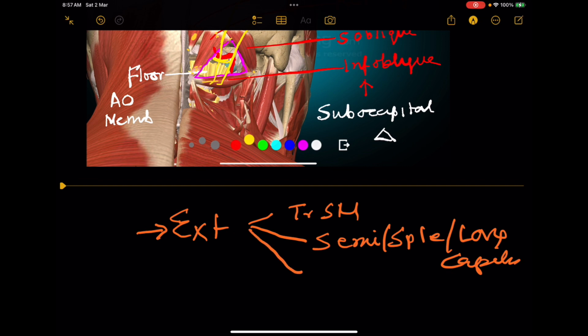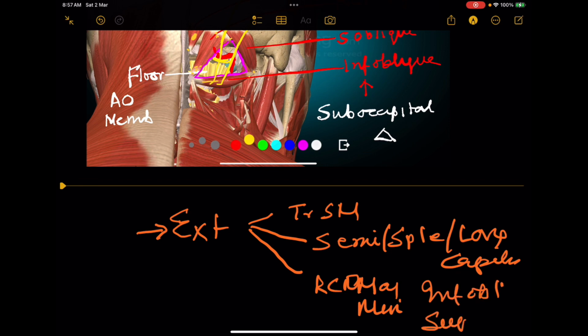Third layer forming the suboccipital triangle, rectus capitis posterior major and minor medial wall, inferior oblique inferior wall, and superior oblique lateral wall. So we place these. Well, let's finish with the extensors.